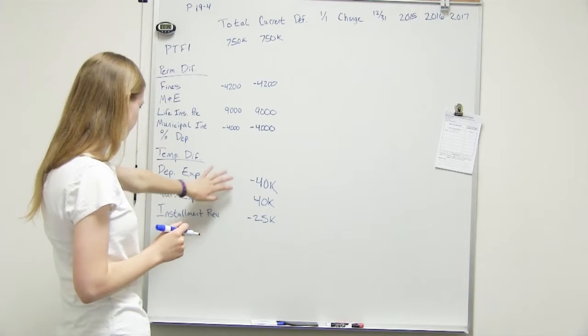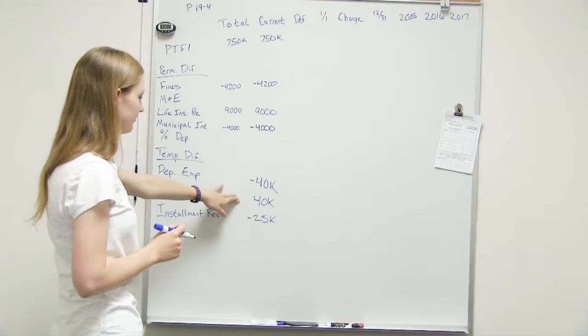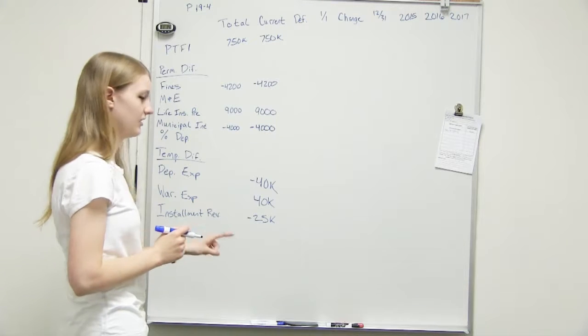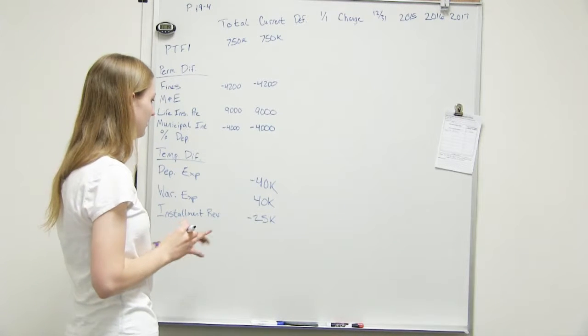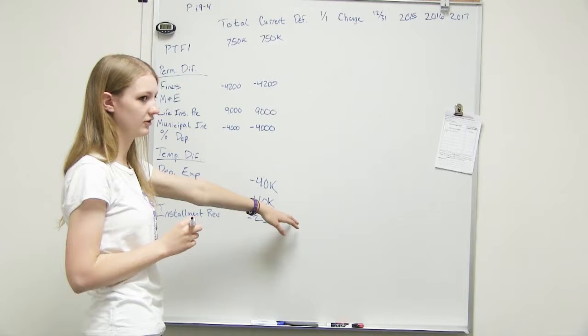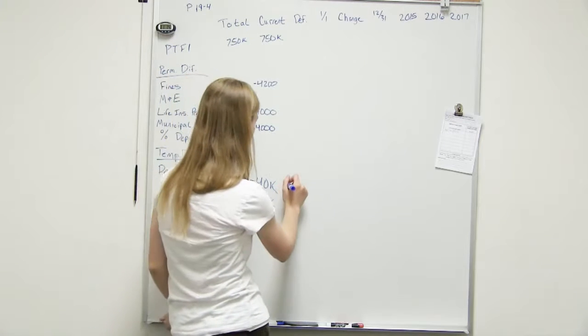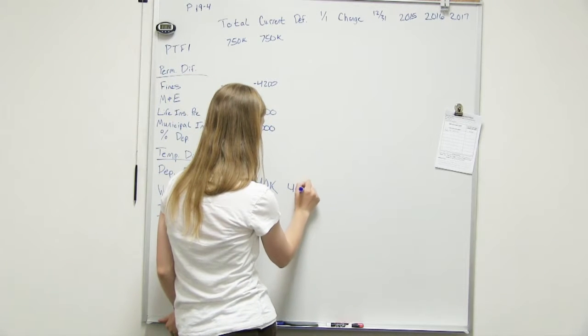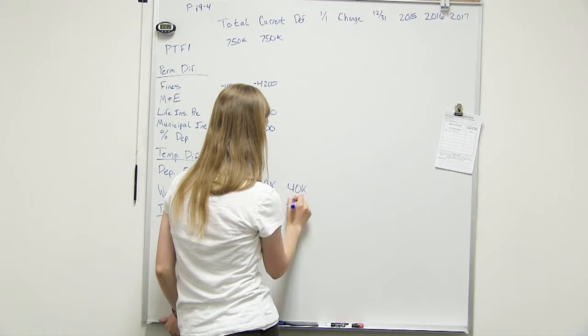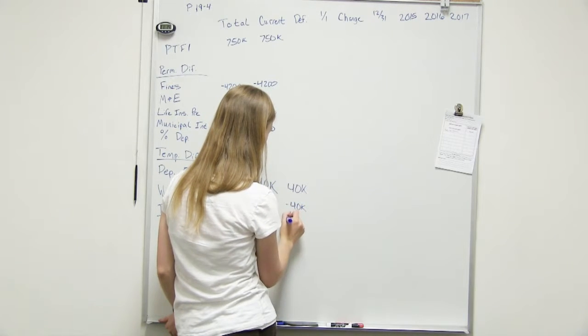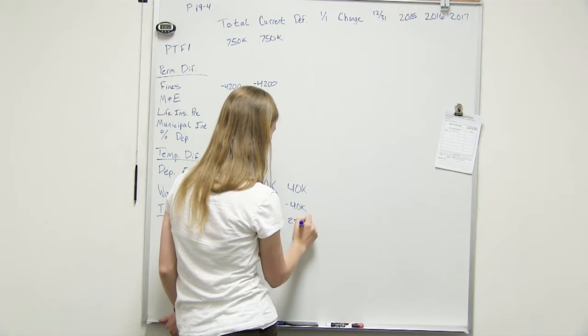And then down here for the temporary differences, we're going to take the opposite of whatever these are and put it in the deferred column. So this will be 40,000, negative 40,000, and then 25.